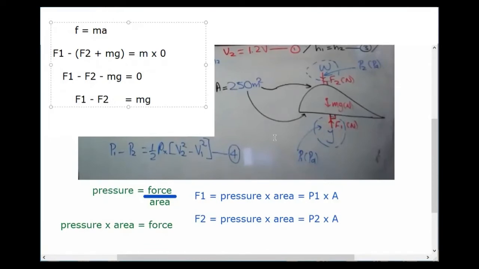Yes, sir. Now just look at these blue color equations here. What is F1 according to the blue color equation? F1 is P1 into capital A. What is F2?